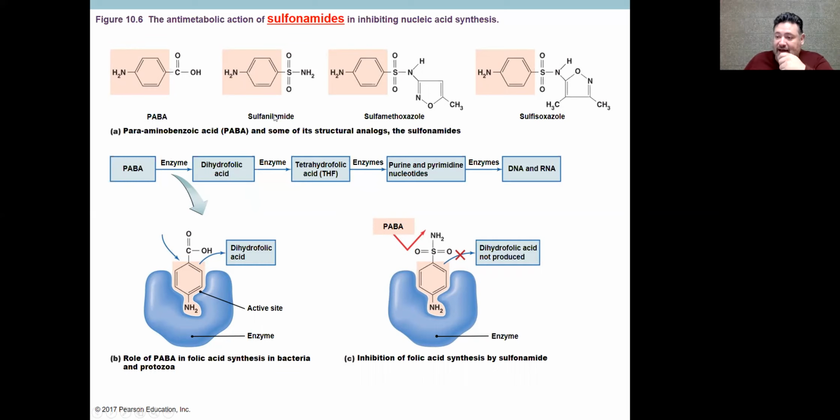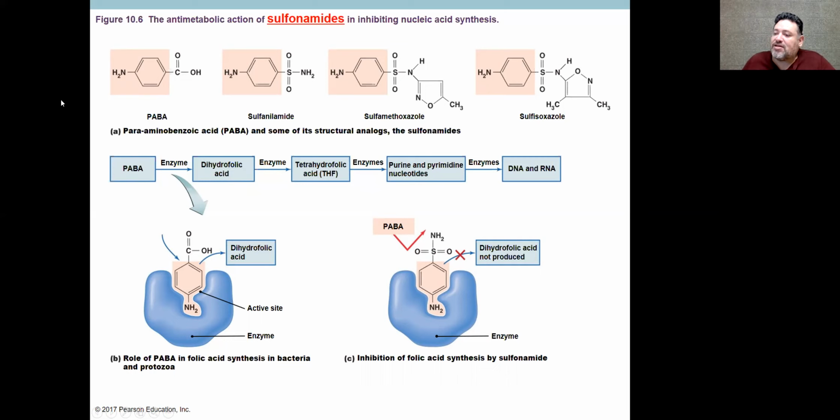So here's an example of that. Okay, here's a pathway where we start with PABA. PABA stands for para amino benzoic acid. Effectively, this guy right here. Okay, and we go through a whole bunch of enzymes in this metabolic pathway to create the precursors necessary for, not surprisingly, DNA and RNA.